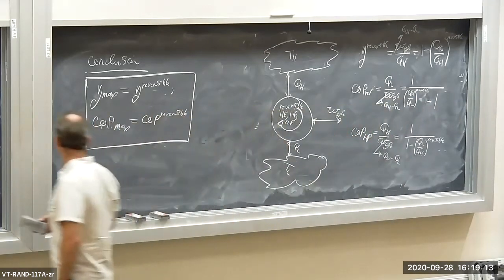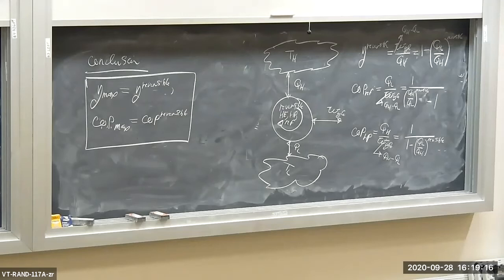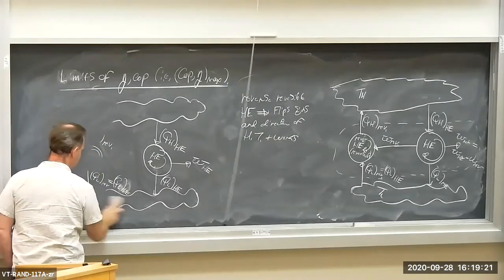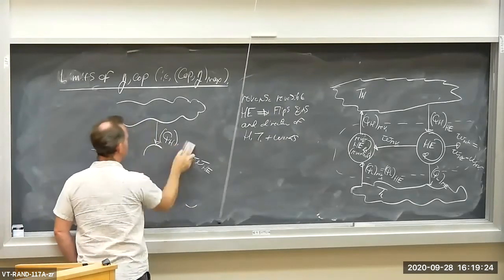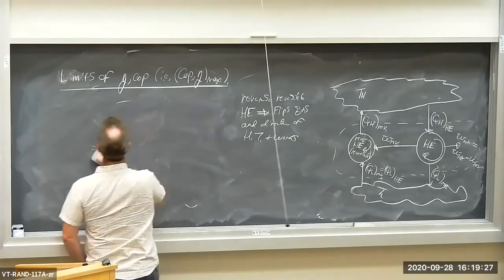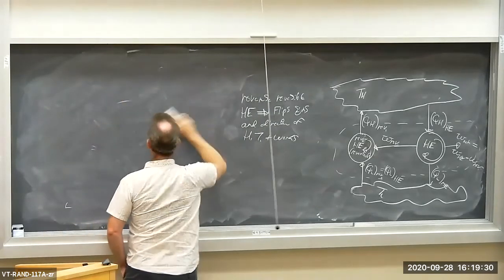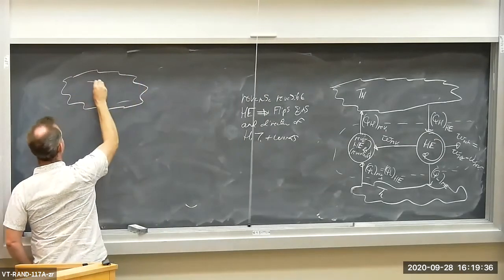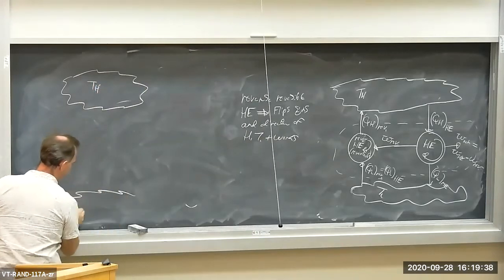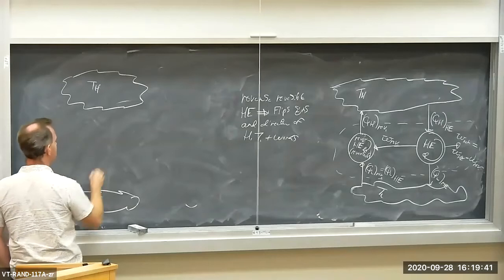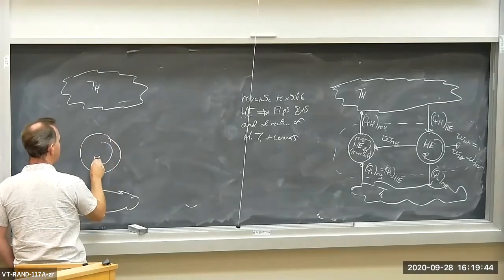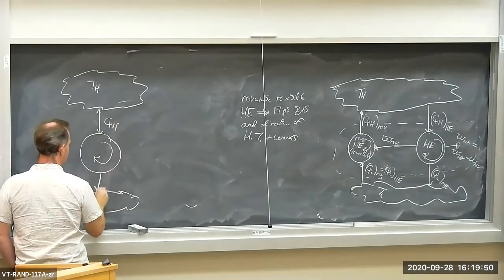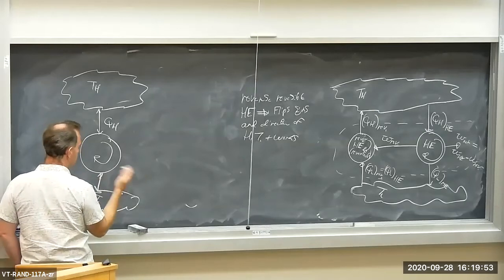I'm going to state without proof the result here. Very simple expression for the ratio of heat transfers for a reversible process. It's simply the ratio of the temperatures for the reservoirs. So here we have a high temperature reservoir. Here we have a low temperature reservoir, and we have some kind of a cyclic device. Could be a heat engine, could be a refrigerator.